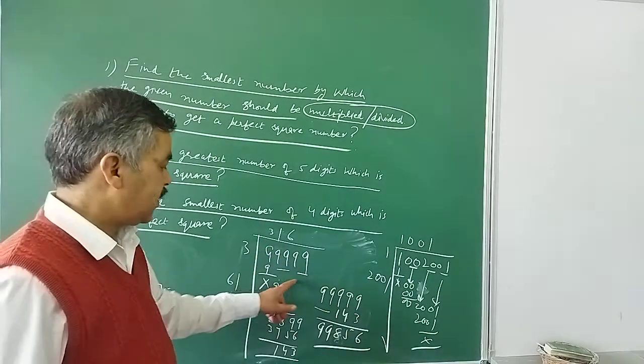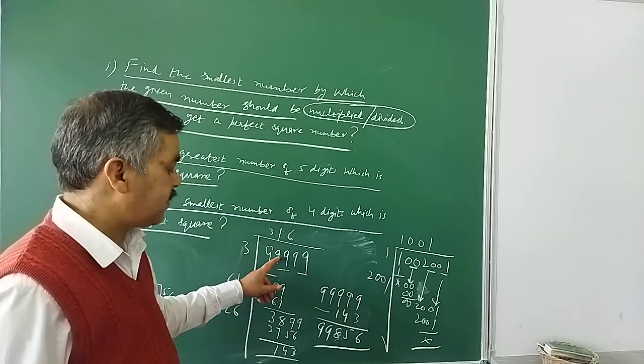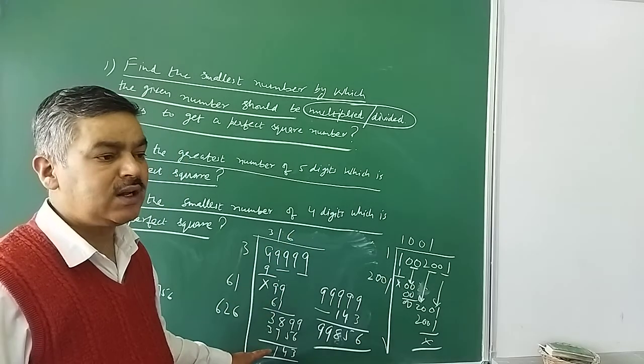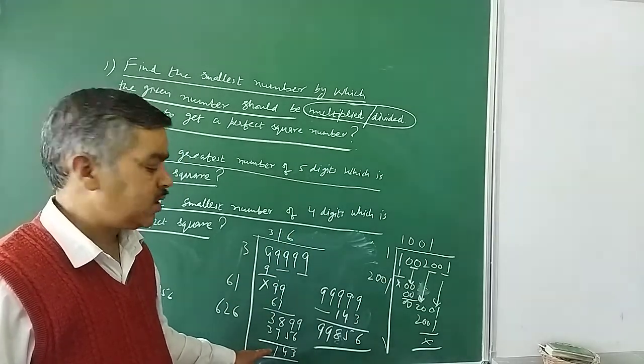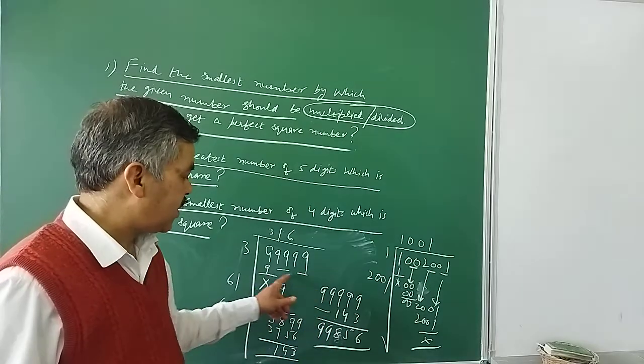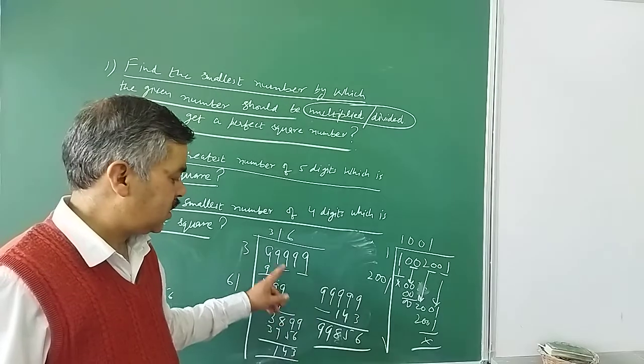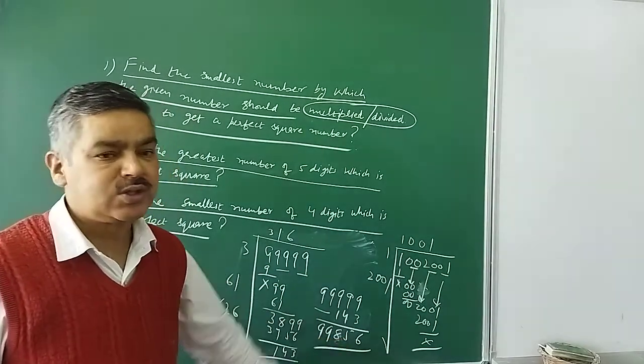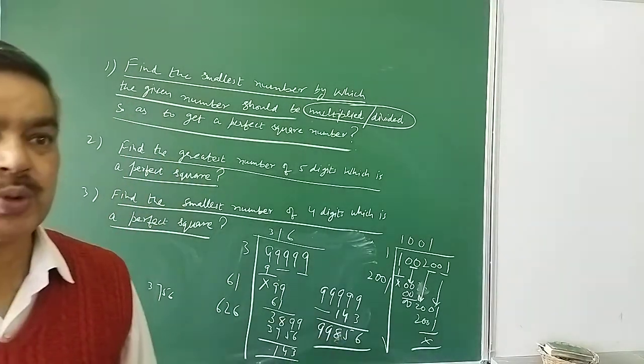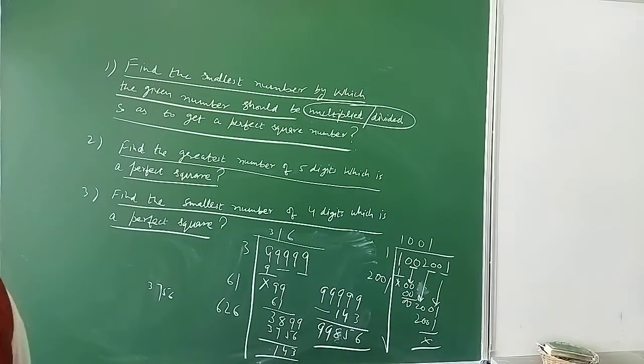But here, if it is not a perfect square, to make it a perfect square, whatever remainder is left at last, you subtract that from the greatest number of digits asked, and you will get the answer which is a perfect square, the greatest number of 5 digits which is a perfect square.